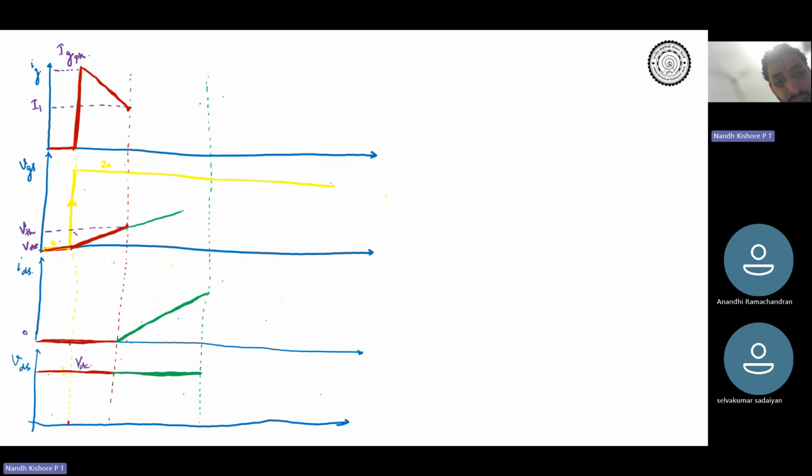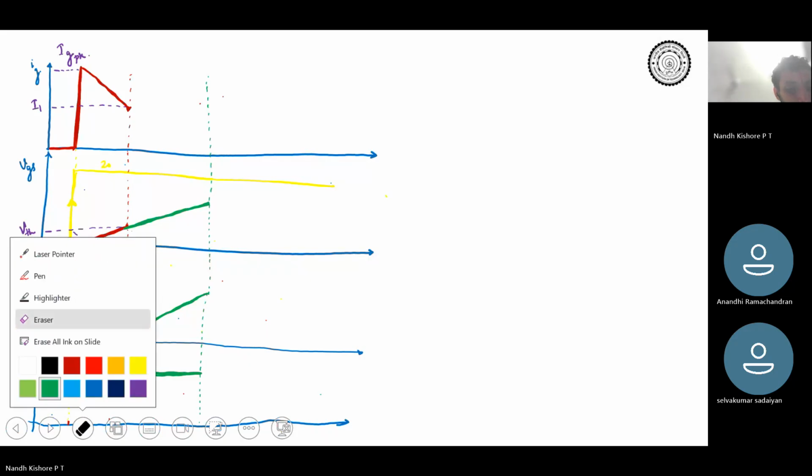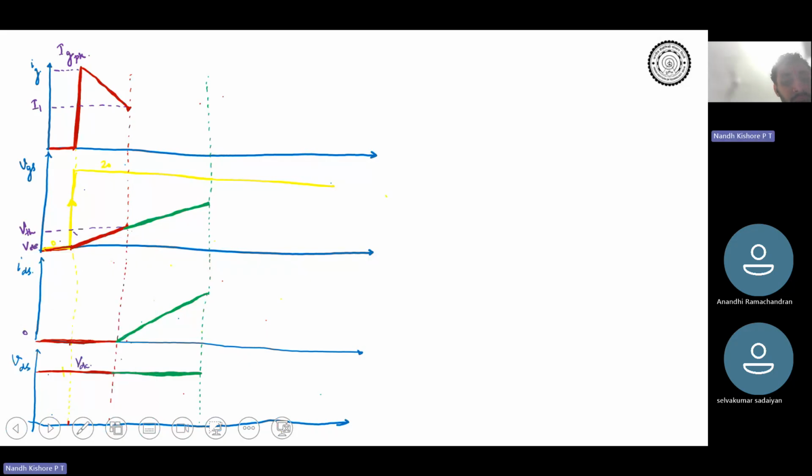This is an assumption we made. Since gate source voltage increases linearly, I can assume that the gate current falls linearly.